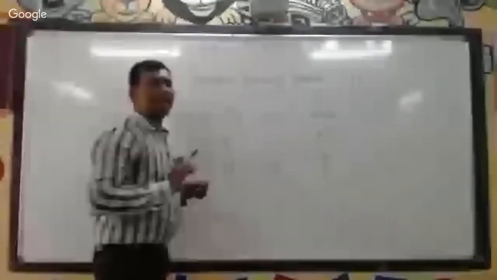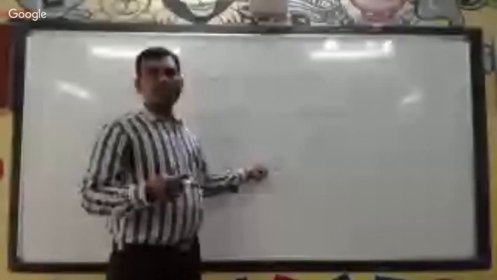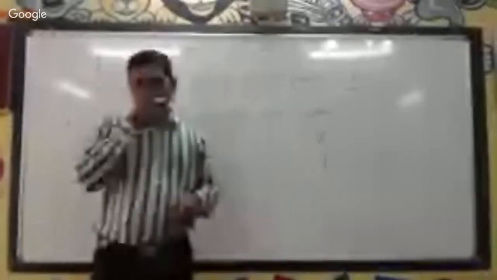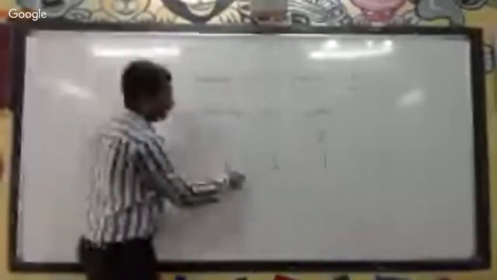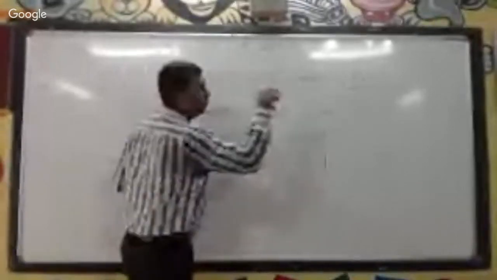Why is it decreasing? Because corn is increasing from 0 to 1, that's why cotton units are going to decrease from 10 to 9. That is, in the second combination, we are taking 1 unit of corn plus 9 units of cotton.